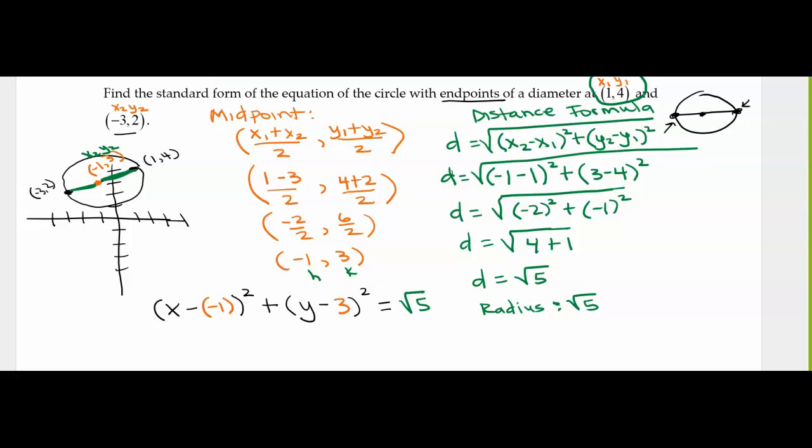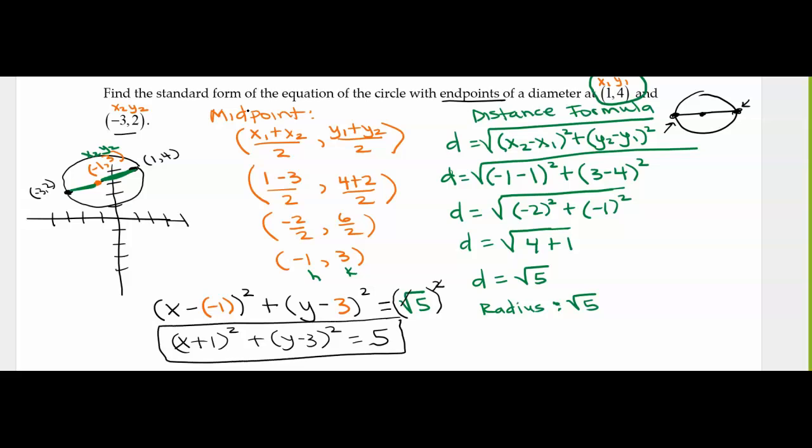So let me write it as square root of 5 all squared. All right, and then if I simplify this, this is really going to be x plus 1 all squared plus y minus 3 all squared equals, well, the square root of 5 all squared. Remember the square root and the square undo each other, and so we're just left with 5. And so that is your answer on it.